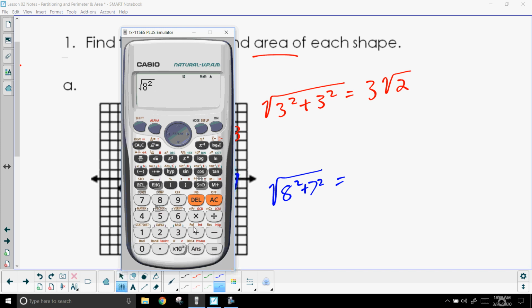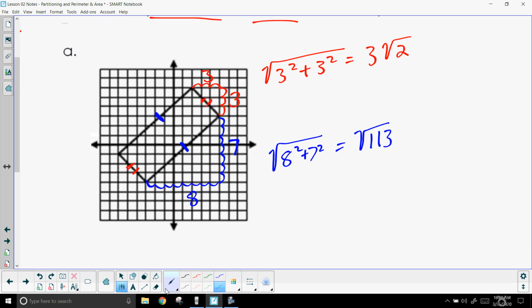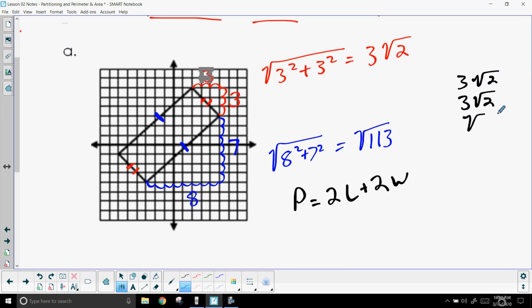Now let's take some shortcuts we've learned. Perimeter for this object could be 2L plus 2W. We could do that, or we could add 3 root 2, 3 root 2, root 113, root 113. We would get the same answer. I'm just going to use the formula because this is used for rectangles.